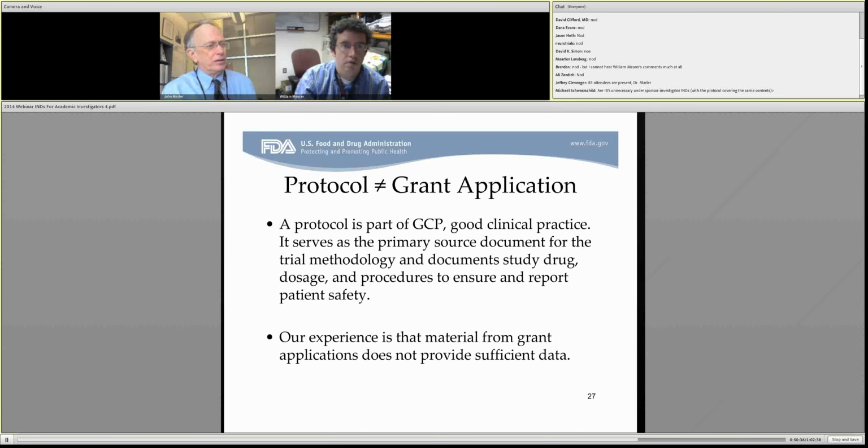So it does require a little bit of work, but all of that work is done when you write your protocol that we need. A lot of the things that are needed in an IND application are in a protocol that meets the usual standards. I know NINDS has an outline for a protocol.